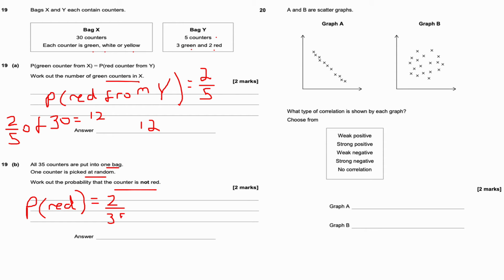So the probability that the counter is not red is 1 whole take away 2/35. Now I get an answer of 33 over 35.